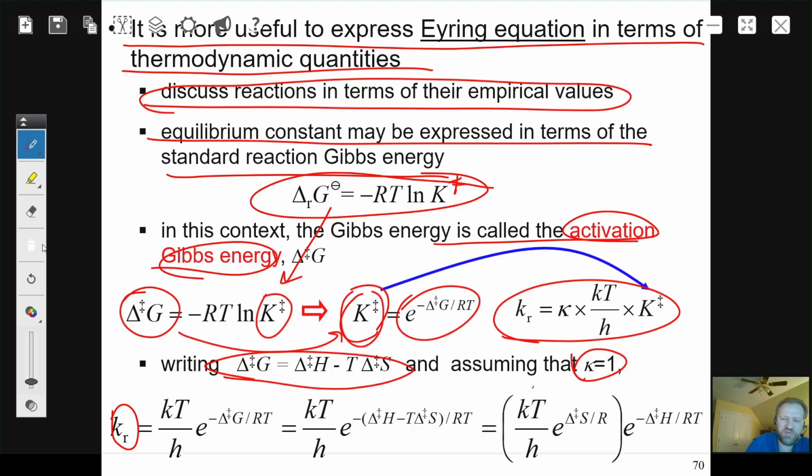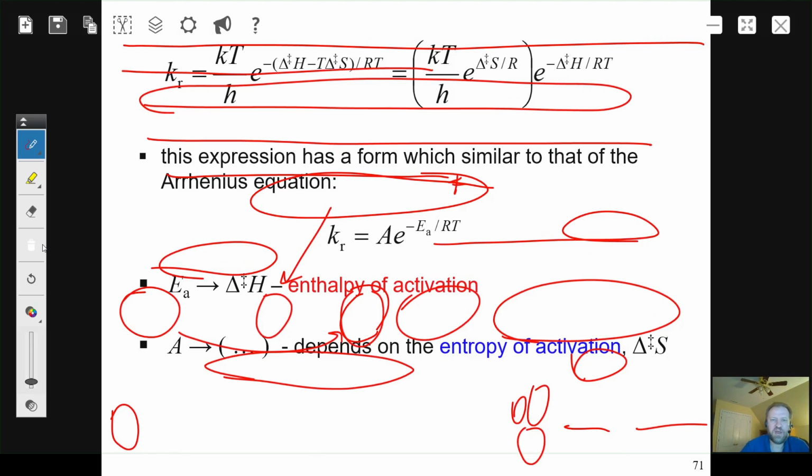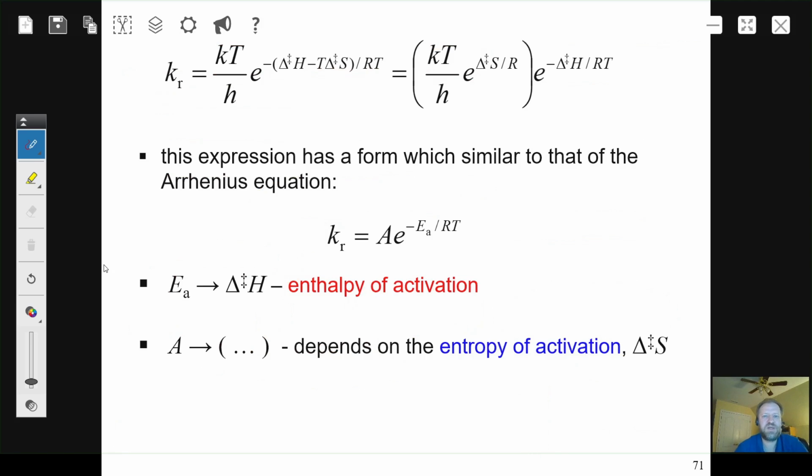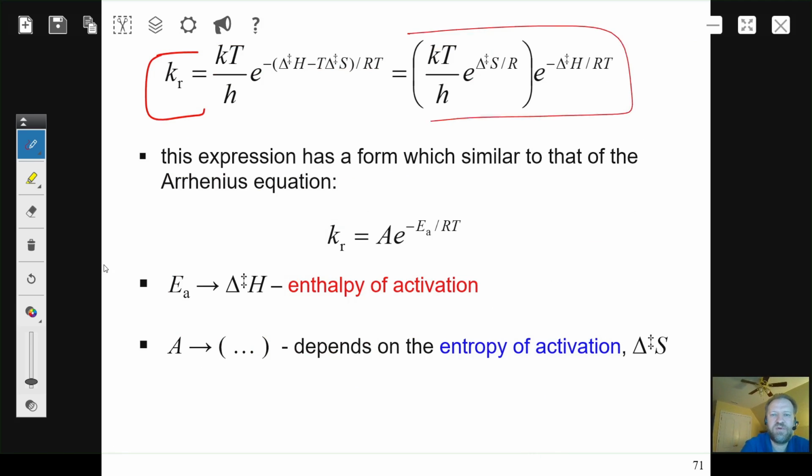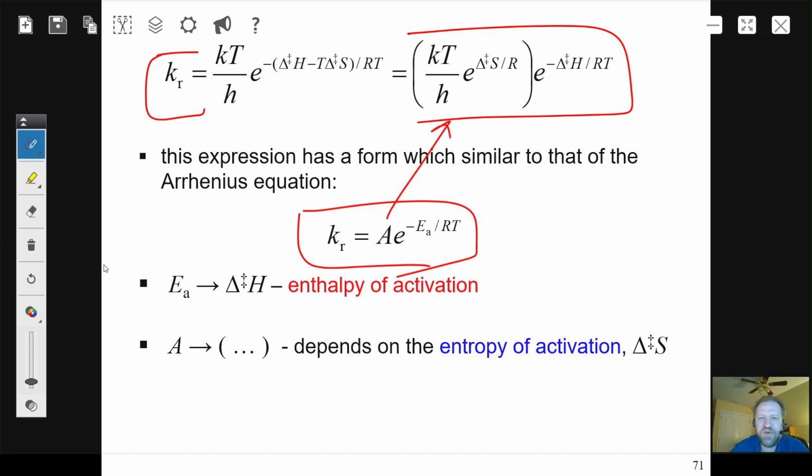So after this manipulation, we have an expression for our rate constant in terms of the same quantities that we saw before, such as temperature and the fundamental constants such as the Boltzmann constant and Planck's constant. But now we have also the activation entropy and activation enthalpy. And then if we compare the resulting expression here for the rate constant from the Eyring equation with that of the Arrhenius equation, what we see is that the frequency factor is somehow related to the activation entropy, right?